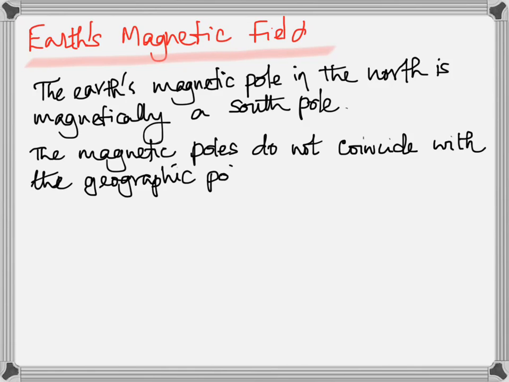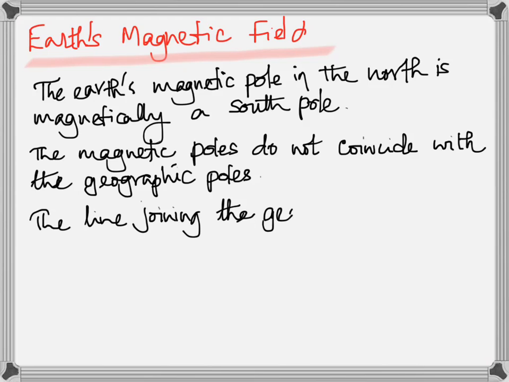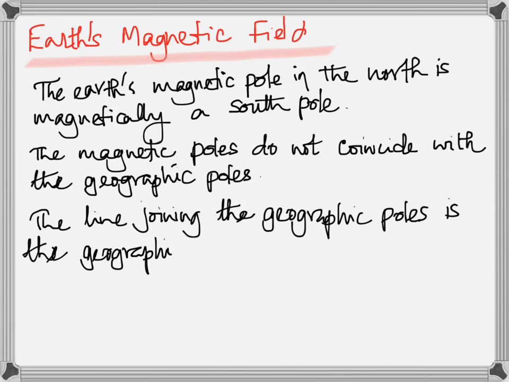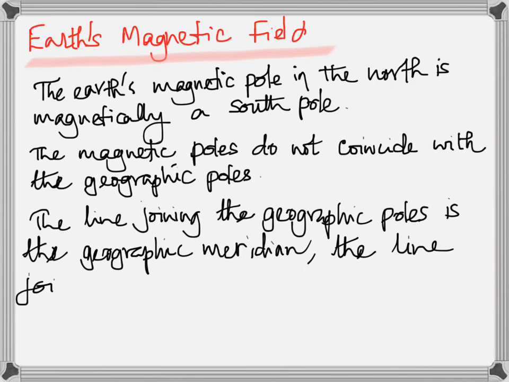The line joining the two magnetic poles, the magnetic north to the magnetic south, is called the magnetic meridian, and the line joining the geographic poles is called the geographic meridian. So you have the magnetic meridian and the geographic meridian.